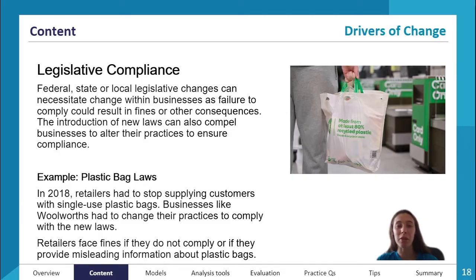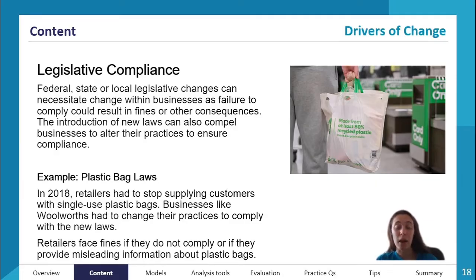Obviously, you want to make those changes before laws come into place, otherwise you'll get in trouble, but well before the laws come into place is what I'm getting at there, recognizing perhaps what will happen in future in terms of future laws and that kind of thing.